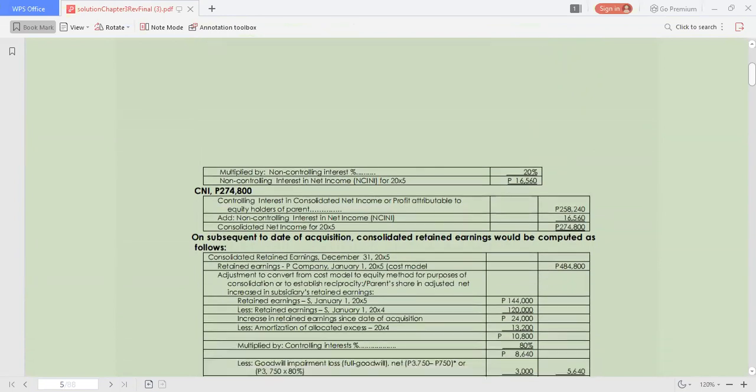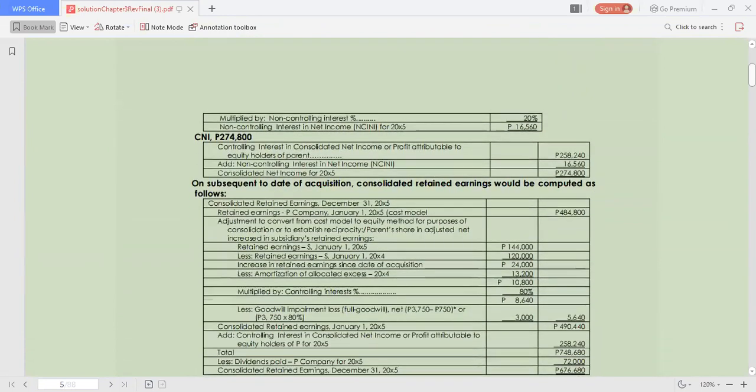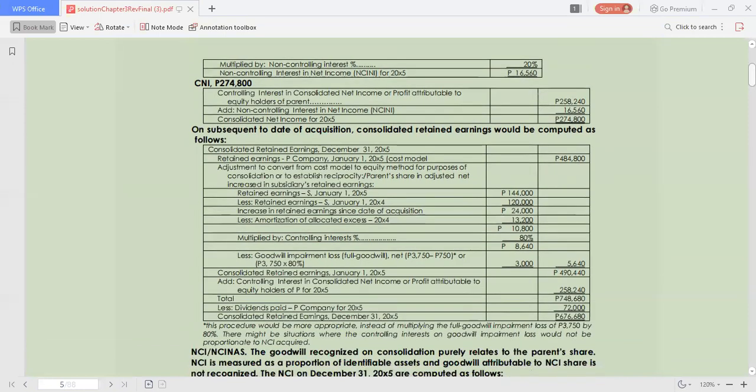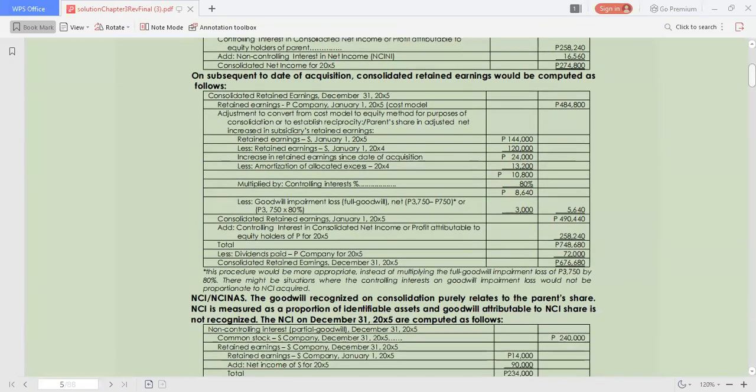On subsequent to date of acquisition, the consolidated retained earnings would be computed as follows. So we have now the consolidated retained earnings. Retained earnings on January 1, 20x5 in the amount of 144,000, that of the subsidiary.